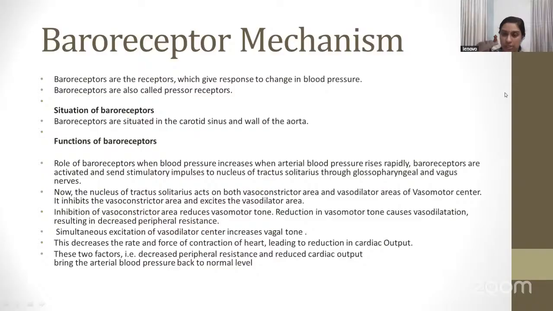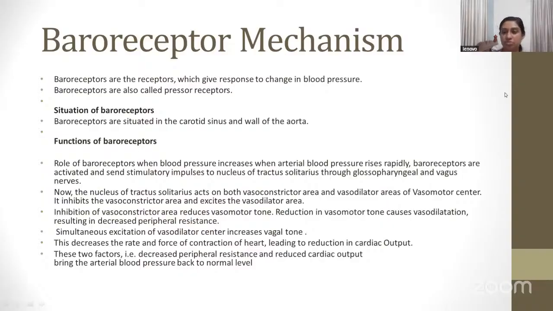Increased vagal tone will inhibit the heart, and hence the rate and force of contraction of the heart will be reduced, leading to reduction in the cardiac output. So decreasing peripheral resistance and reduction in the cardiac output will in turn reduce the BP, leading to the BP coming back to normal.